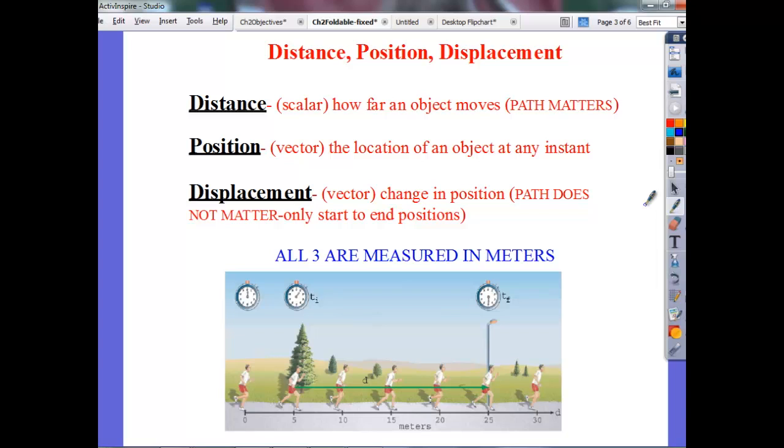So if we were to sketch out an object that's moving, let's say it moves north, then east, then south, then east, then north, then east, then south, then west. Okay. If I assigned numbers to these, let's say it moves 3 kilometers, 3 kilometers, 3 kilometers, 2 kilometers, 2 kilometers, 2 kilometers, 1 kilometer, 2 kilometers.